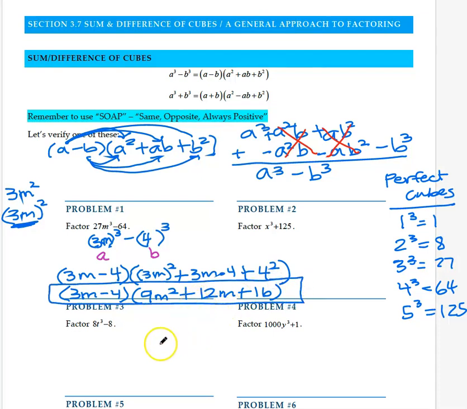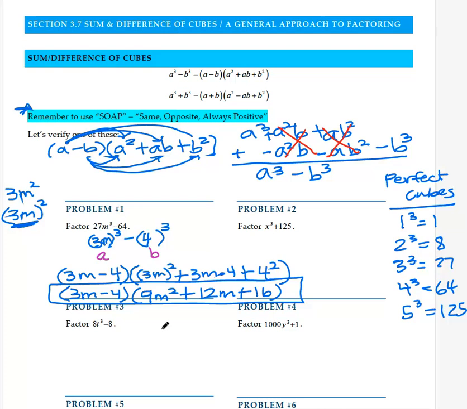Then I always say at the end, check to make sure you use SOAP, because it's easy to get those signs mixed up. So I started off with a minus sign, so same, opposite of that, always positive. Yep, I did it.